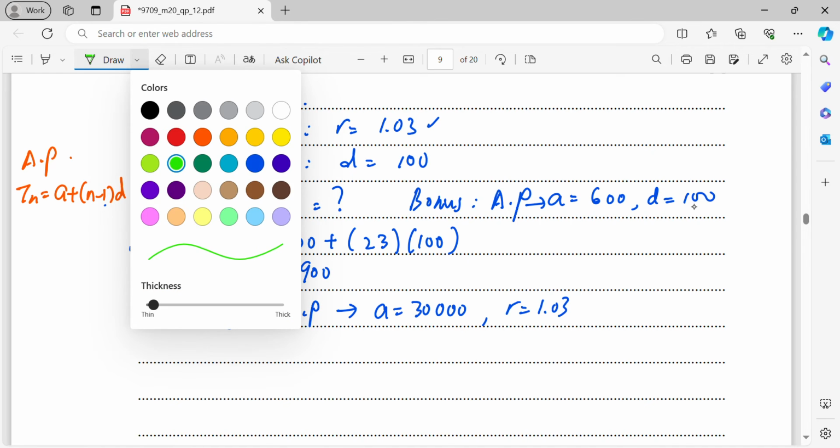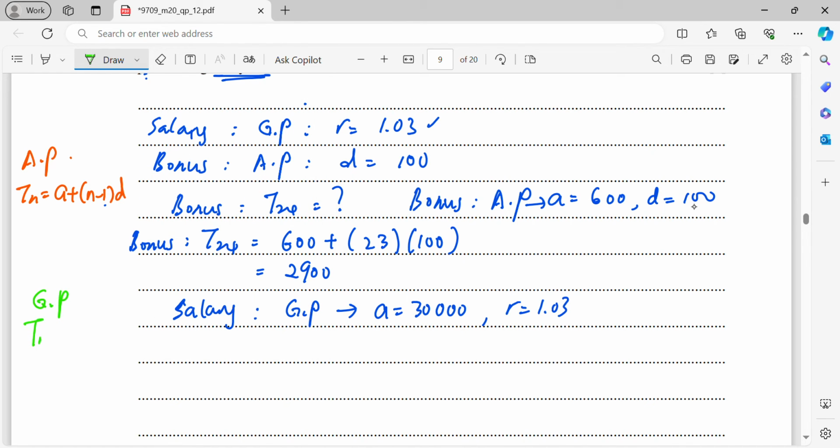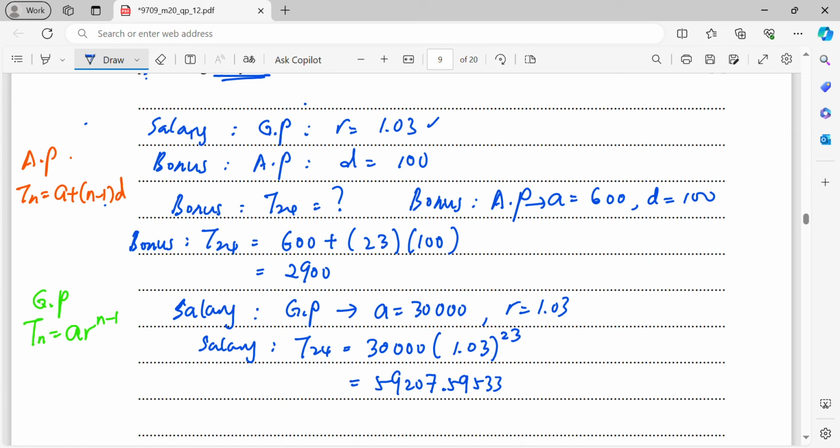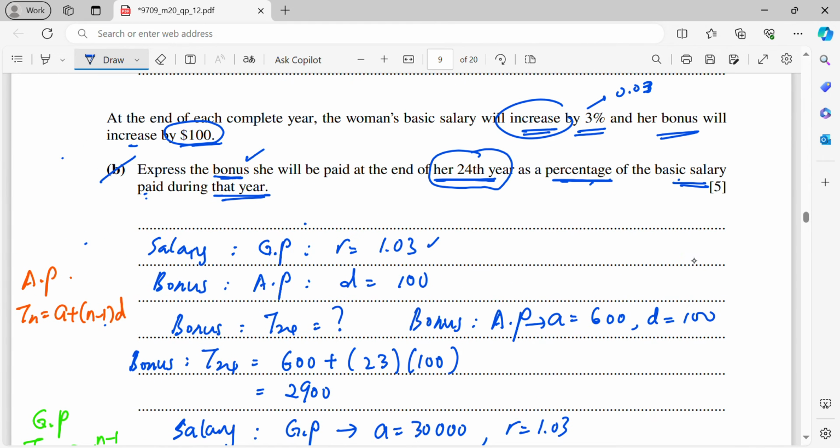Now for geometric progression, Tn is a r to the power of n minus 1. So now I need to find out the amount of the salary at the end of 24 years. So salary T24 equals 30,000 r to the power of n minus 1, so it becomes power 23. Then from here, you will get 59207.59533.